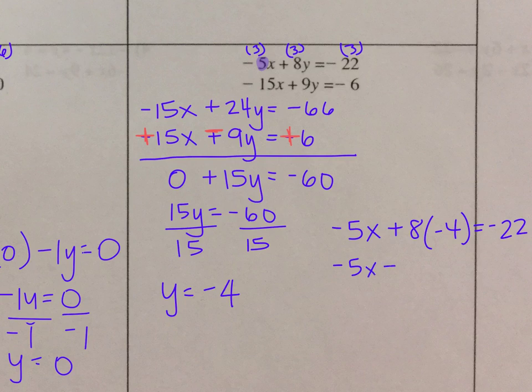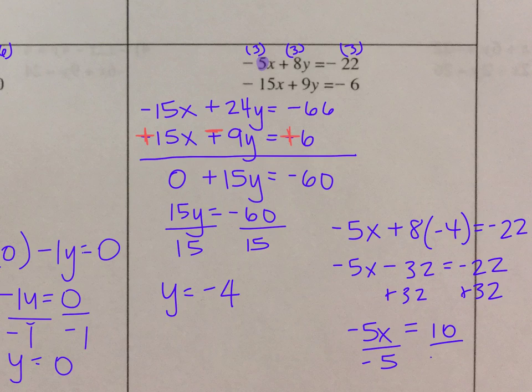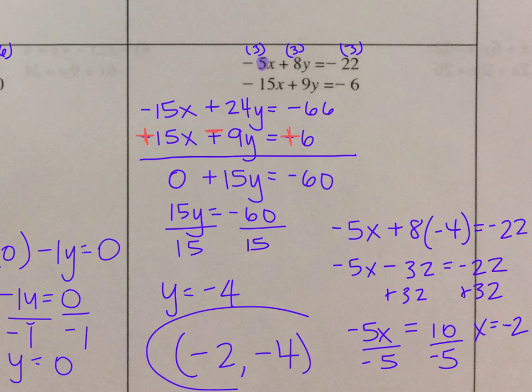Negative 5x minus 32 equals negative 22. I've got to add that 32 to both sides. Negative 5x now equals 10. Divide it by negative 5. X equals negative 2. So final answer for this one is negative 2, negative 4.